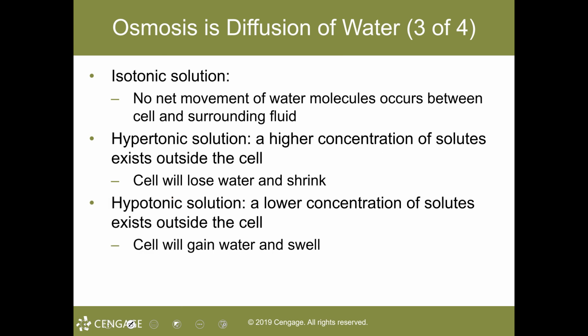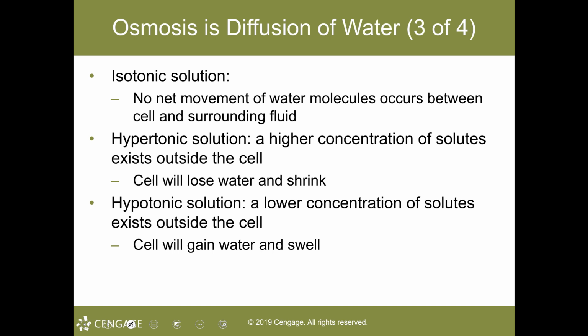So with an isotonic solution, class, it states that there is no net movement of water molecules occurring between the cell and the surrounding fluid. Let's think of animals, class, and in this case, we'll think of that red blood cell. If you're following along, you can check out figure 512 on page 118 to help yourselves out.